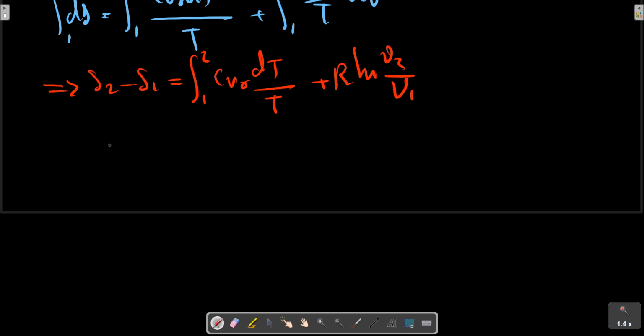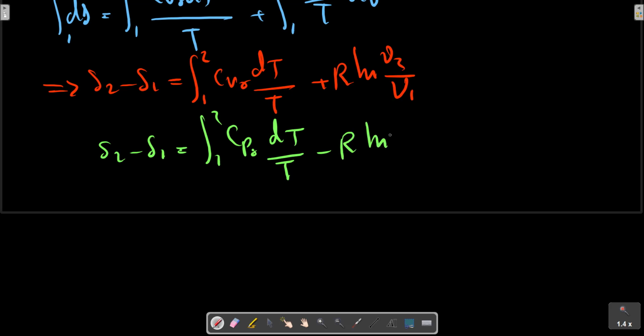Similarly, we can compute the other. S2 minus S1 can be obtained as this relation, minus R ln P2 over P1.